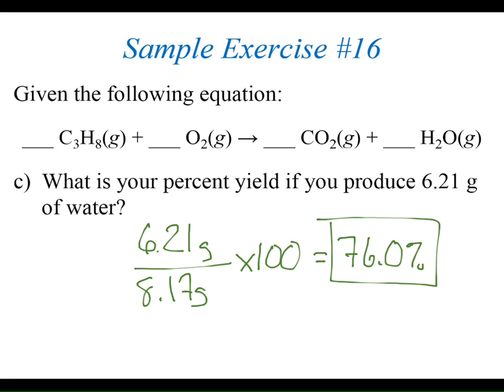Okay, questions? Some of you got that down, so that's good. Some of you a little bit struggling, but yeah. Why 8.17? Well, you have to pick one of the two from Part B. In Part B it said, okay, the 5 grams of propane allows you to make 8.17 grams of water.